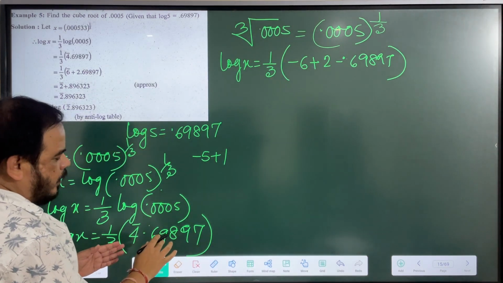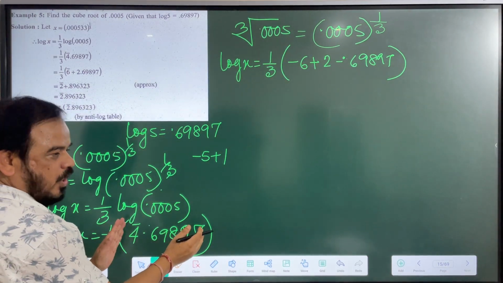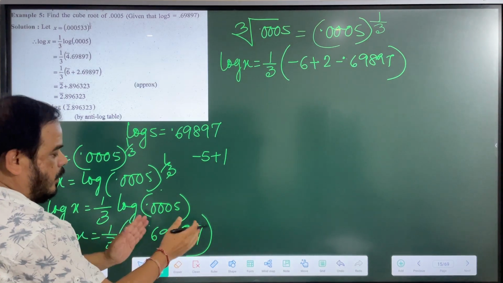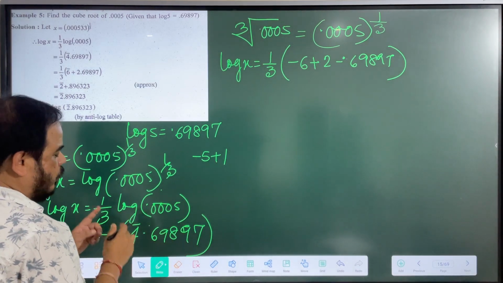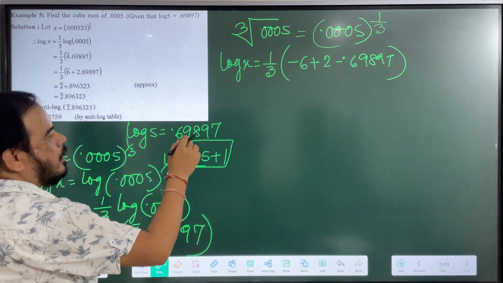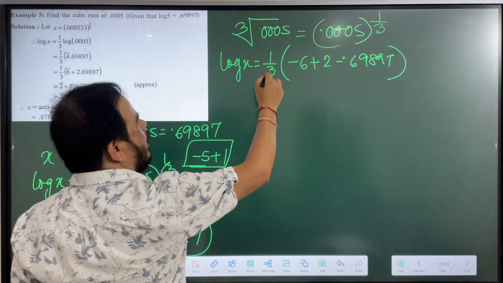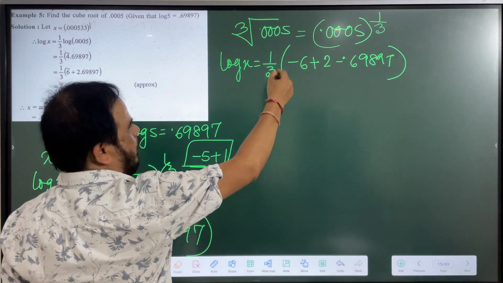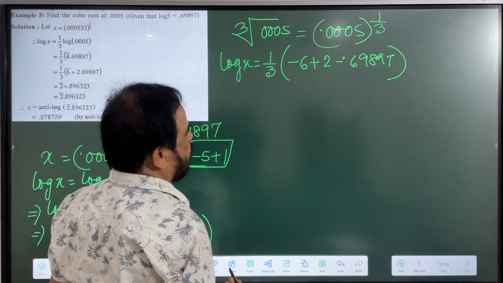4 bar 0.69897 means this as a whole is a negative number. So just the decimal part we have to make positive. In that case, we are supposed to do like this, as I have explained to you. But if we write minus 5 plus 1, it will be difficult to get cancelled, difficult to minimize.